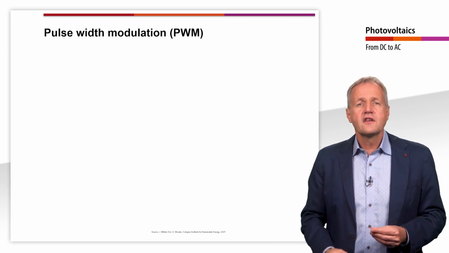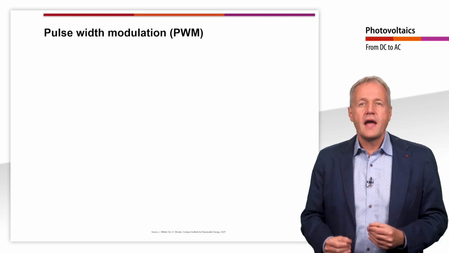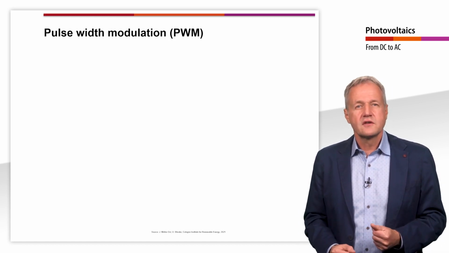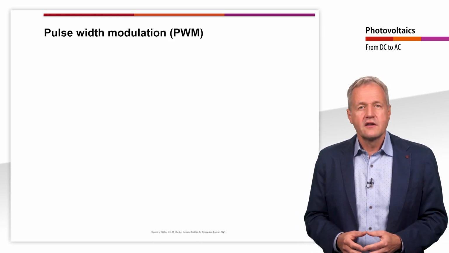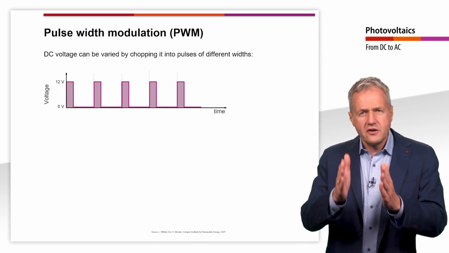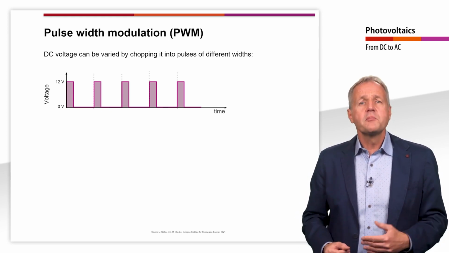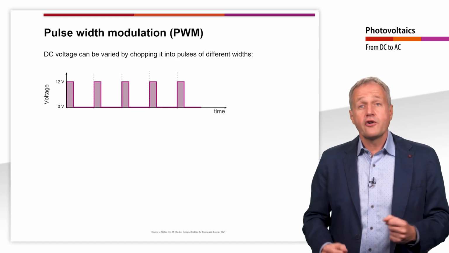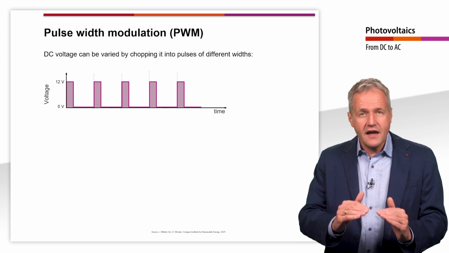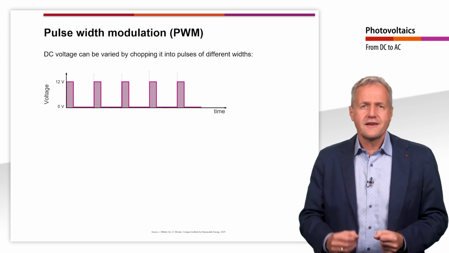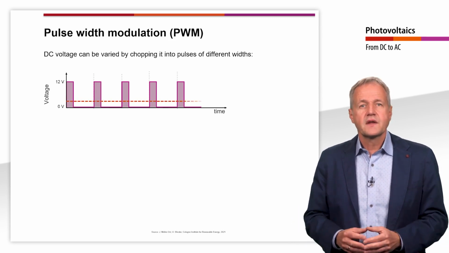For this purpose, the so-called pulse width modulation, or PWM for short, is used. The basic idea of the PWM is the following. If you chop a DC voltage into short pulses, for example by opening a circuit periodically for a short time and then closing it again, you can get a pulse signal that has a lower voltage on average.